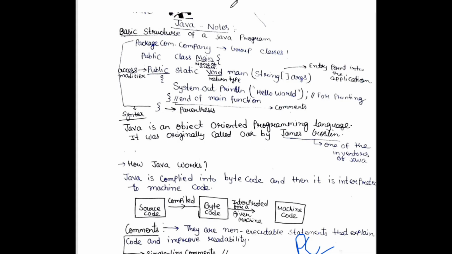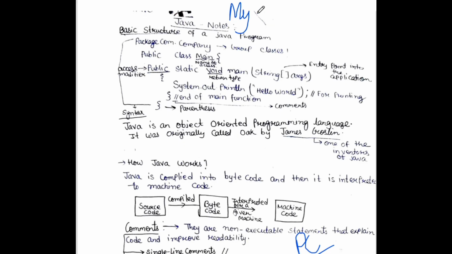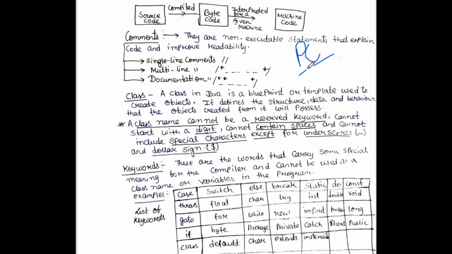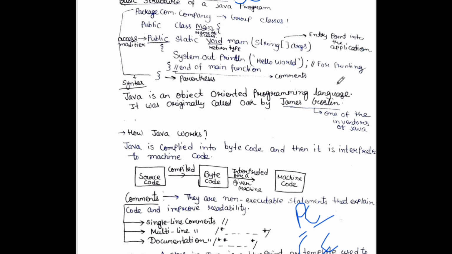Suppose I want to give my class the name MyClass. So M will be capital, C will also be capital. That is Pascal convention. And for functions and variables, which I have not told you about, we use Camel convention. When I tell you about variables and functions, then I will explain.